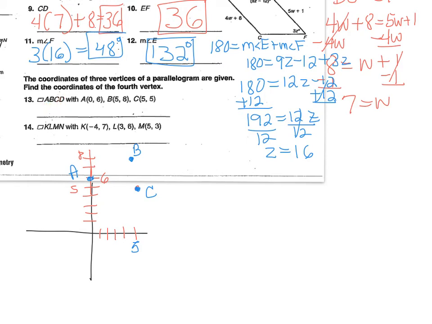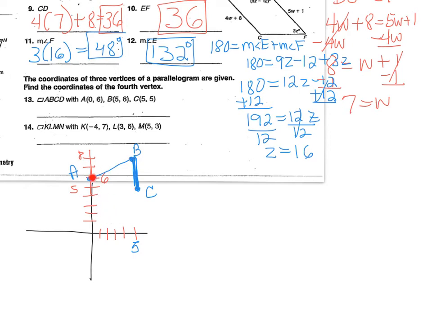As I connect those vertices from A to B and then B to C, at 5 it's just a vertical line. Okay, so I need to find my D. D needs to be somewhere over here.